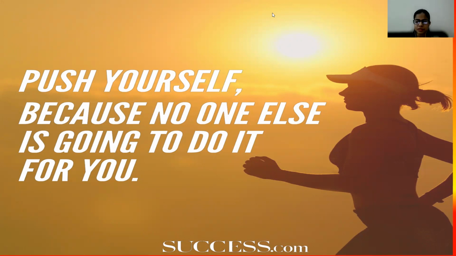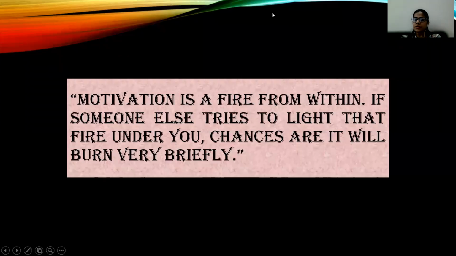This is the quotation. There is one more quotation on motivation. Motivation is a fire from within. If someone else tries to light that fire under you, chances are it will burn very briefly.